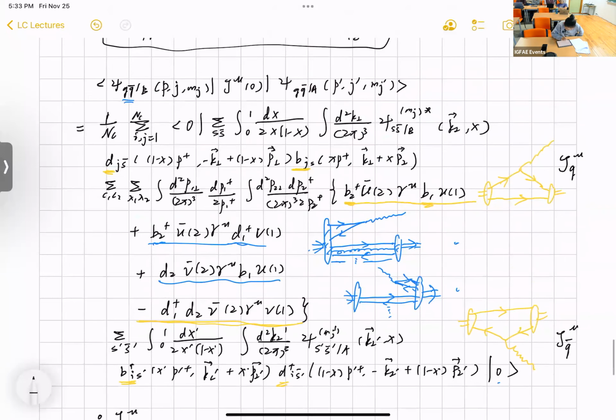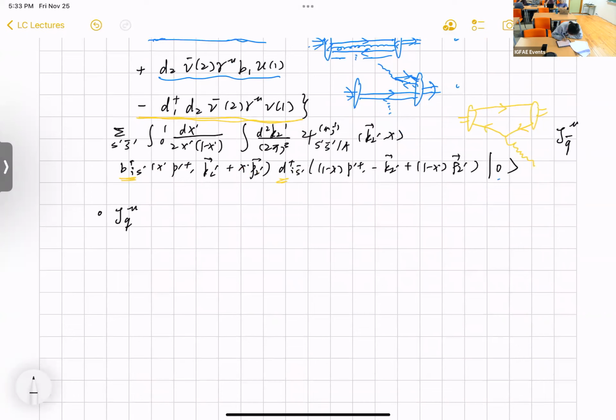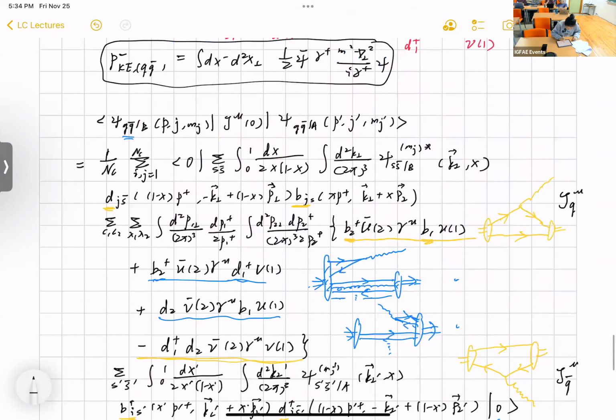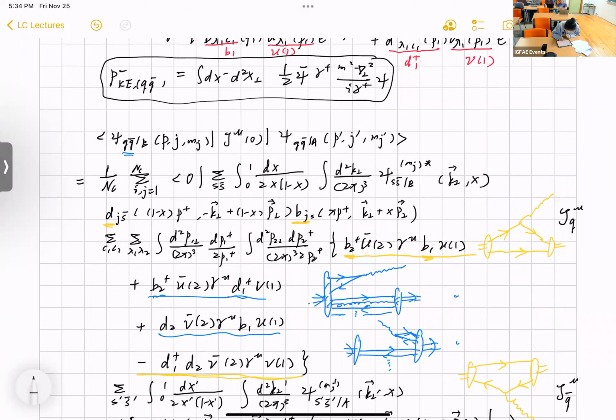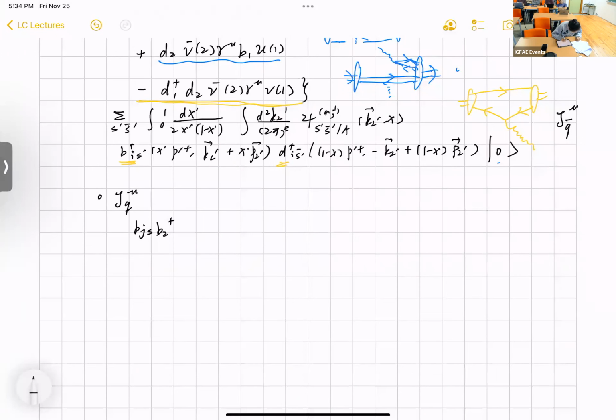I already told you how we can make the contraction between the b and the d and their daggers. Let's write it out more explicitly. So this b in the B meson would contract with the b2 dagger in the current, and it would give us the following distribution.